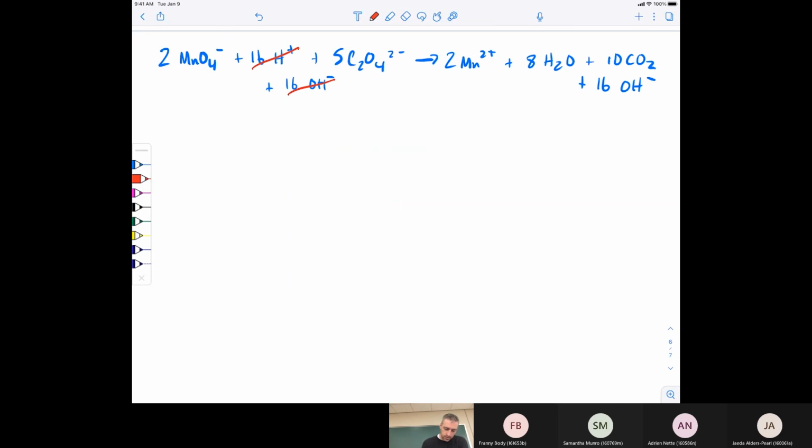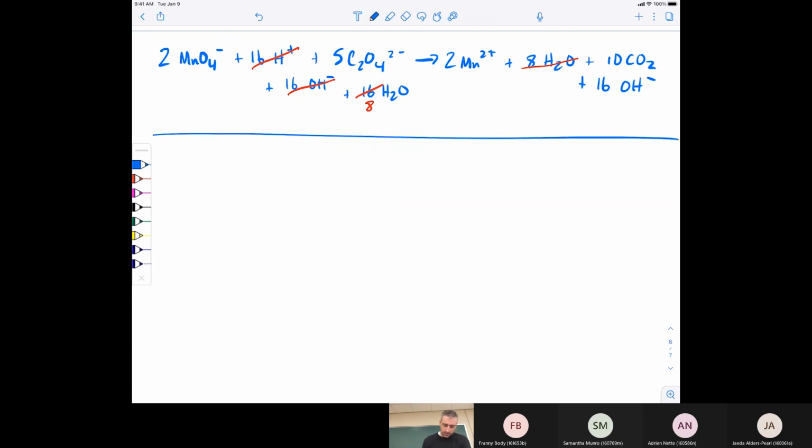So those are replaced with 16 waters. Now we look to see if there's waters we can cancel, and we have 8 on the right, 16 on the left, so we can cancel out those 8 waters and leave 8 behind here. So that's this extra last step, cancel out the H pluses at the very end when we're under basic conditions.